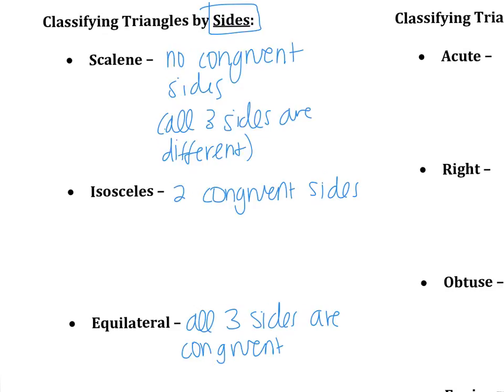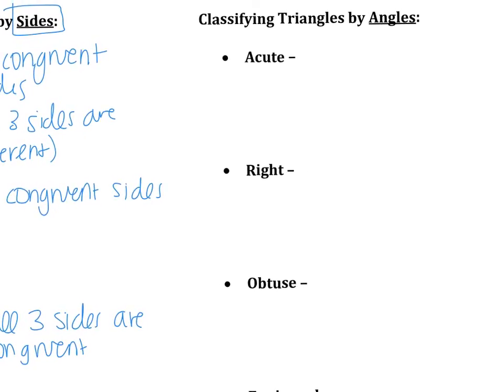You are also going to be asked to classify triangles by angles, in which case there are also a few terms. Acute means that all three angles are acute. A right triangle means that one angle is right.